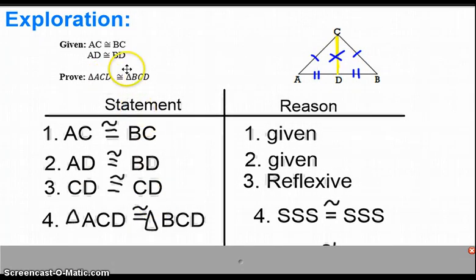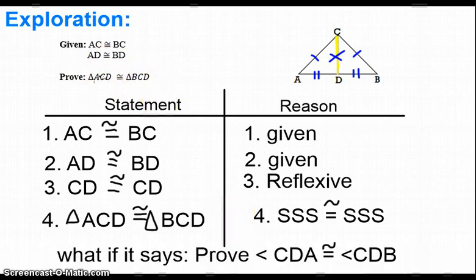Sometimes the problem tells us to prove a segment is congruent to a different segment or an angle is congruent to a different angle. We have been looking at triangles congruent to a different triangle. So, what if the problem states, prove that angle CDA is congruent to CDB?